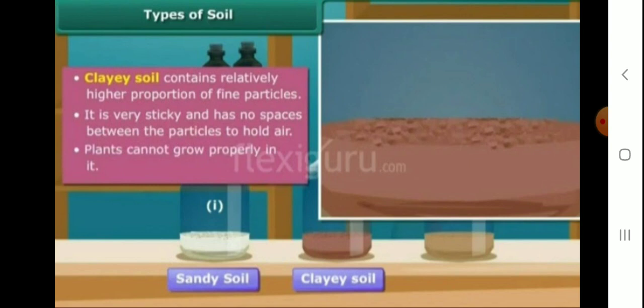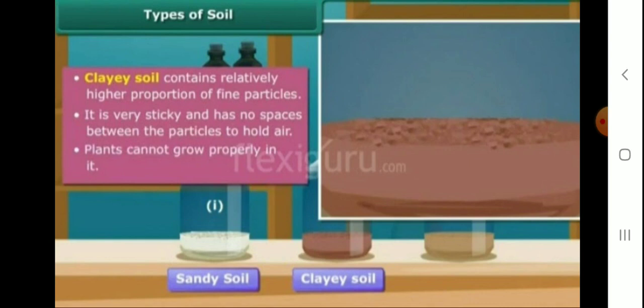Clay soil. Clay soil contains a relatively higher proportion of fine particles. It is very sticky and has no space between the particles to hold air.